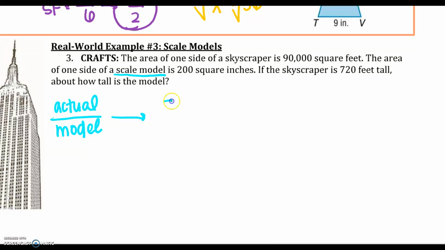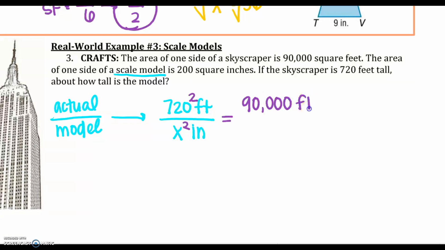So my skyscraper is 720 feet over x. I don't know how many, and that's in inches. Remember, you have to square both of those numbers to set equal to my actual skyscraper has 90,000 square feet over my model has 200 square inches.